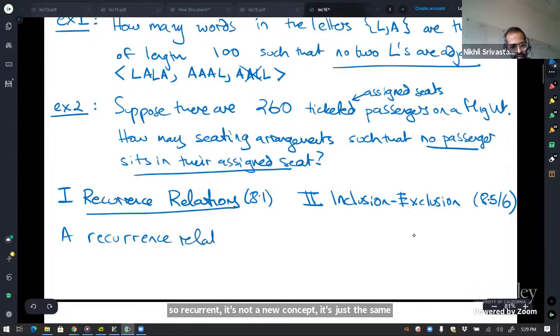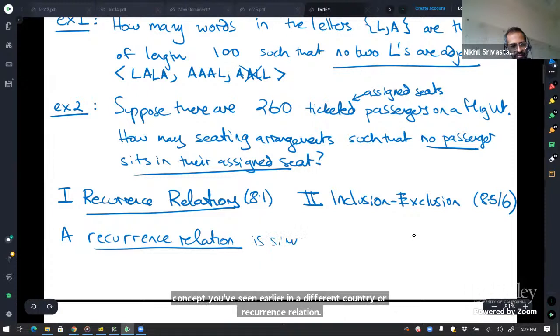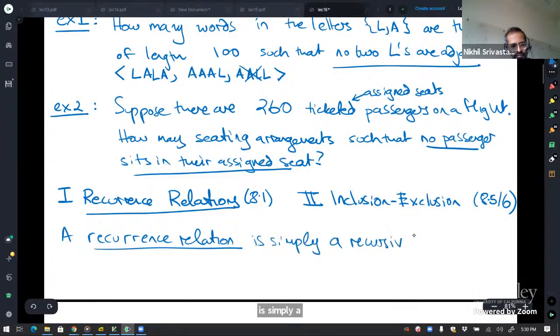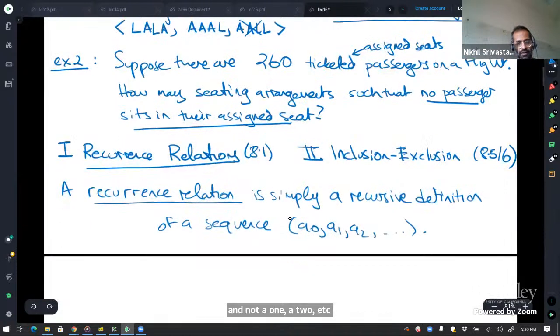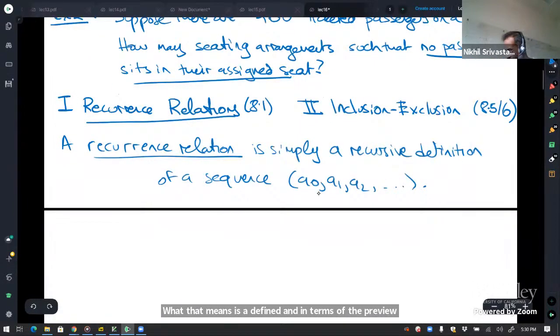A recurrence relation is simply a recursive definition of a sequence A0, A1, A2, etc. What that means is it defines AN in terms of the previous ones, as you are now well versed with doing.